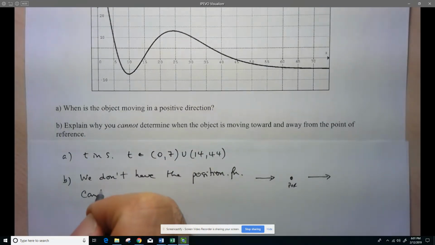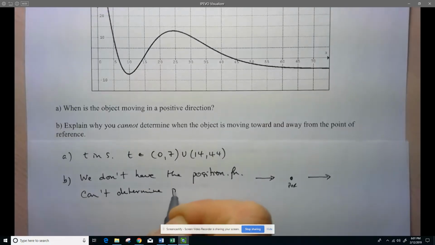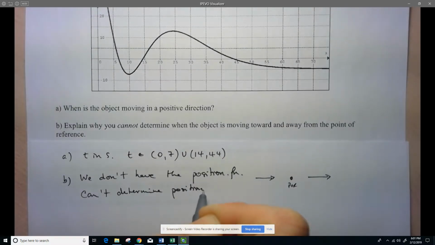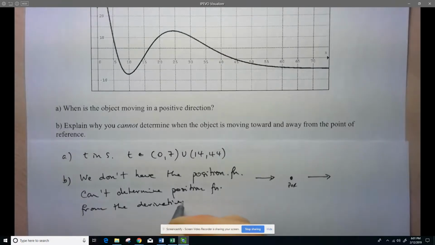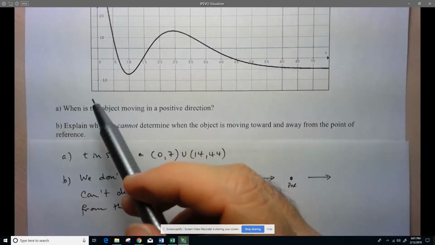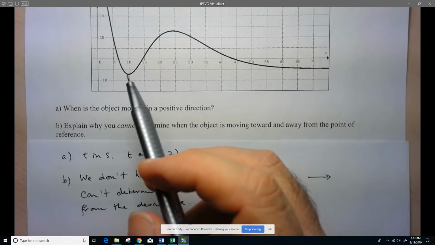So we should also say that we can't determine the position function from the derivative. As we saw in a previous lesson, the best you can do is come up with one possible function based on knowing its derivative, but you can't know the exact function.